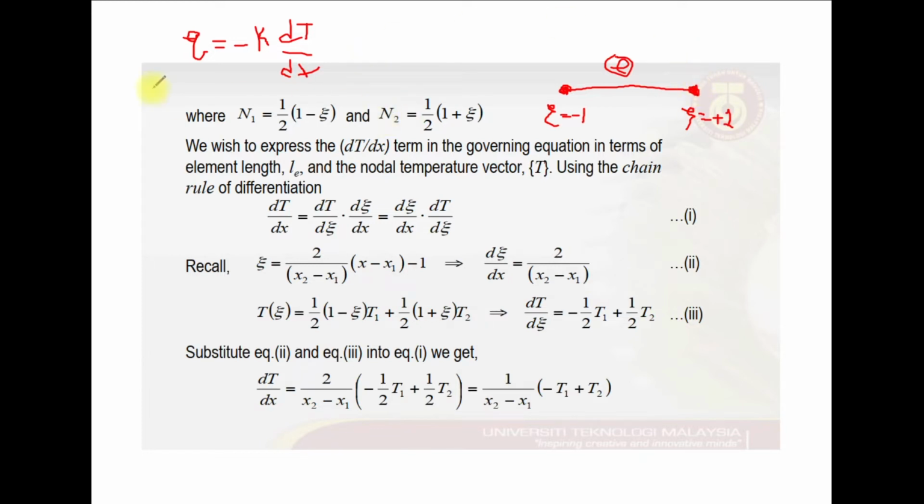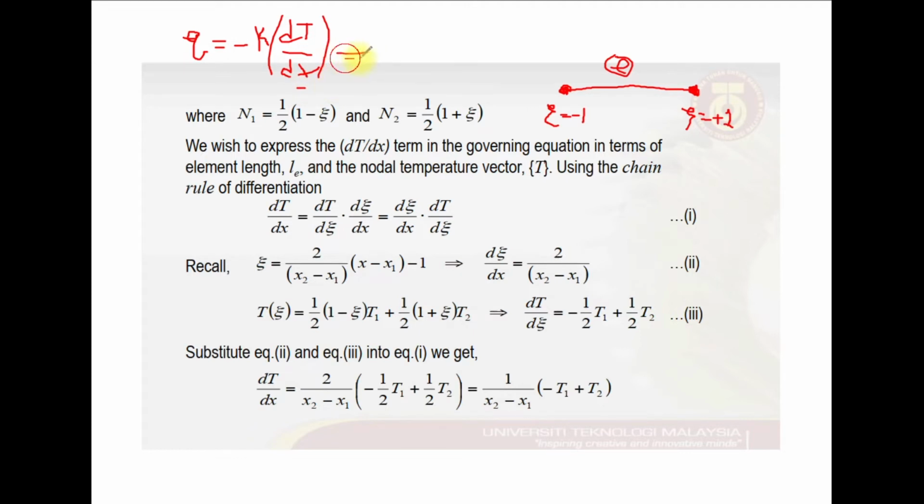Then we recall the heat flux equation, where we have Q equal to -k dT over dx, and we work a bit on this expression dT over dx, which initially is in the Cartesian coordinate system.